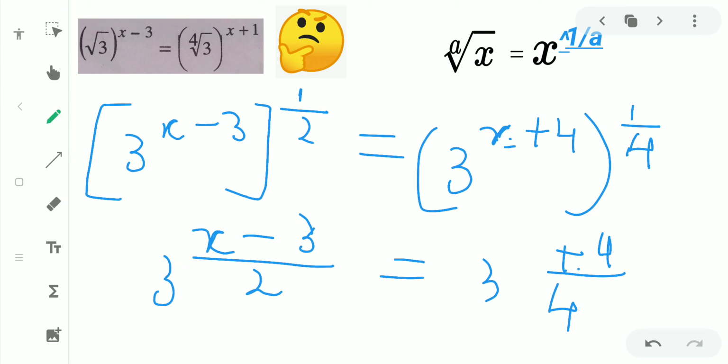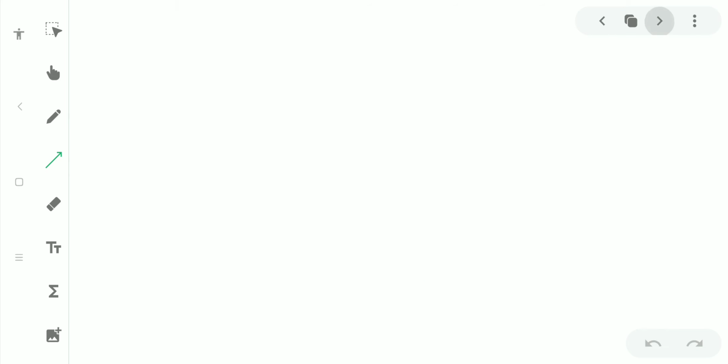Now here it is given x plus 1, so I am writing x plus 1. Now you can see the bases are equal. So let us satisfy the law, that is when bases are equal, powers are equated.